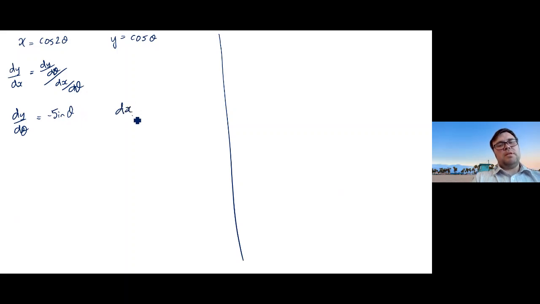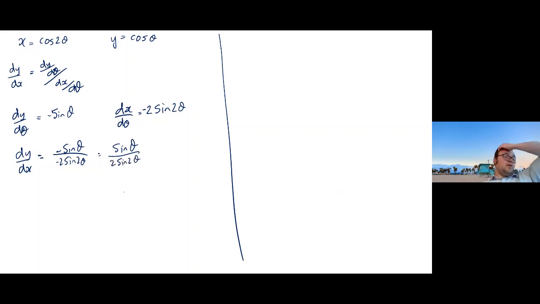And then dx by d theta, cos 2 theta would go to minus 2 sine 2 theta. So that dy by dx is equal to minus sine theta over minus 2 sine 2 theta, which is sine theta over 2 sine 2 theta.